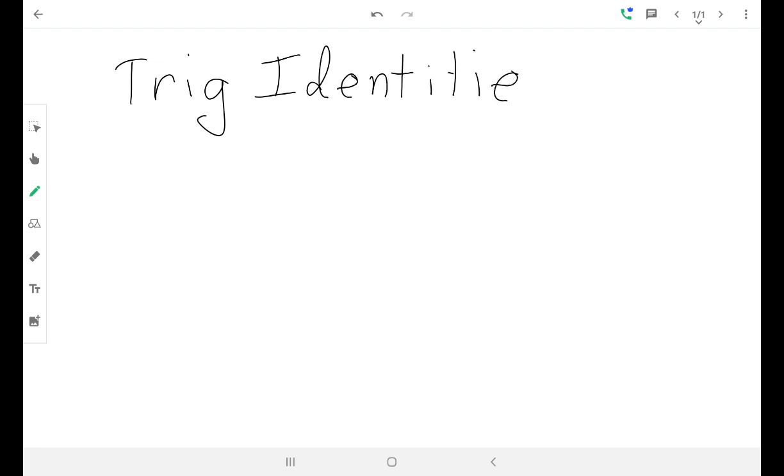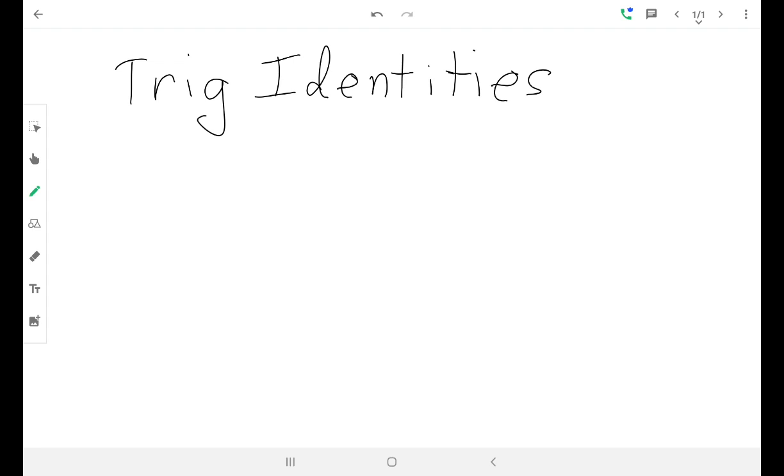So, we're going to talk about trig identities, and there's really only a couple of general things that you really do need to know as far as everything goes.